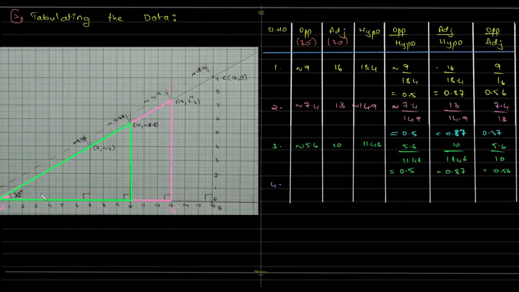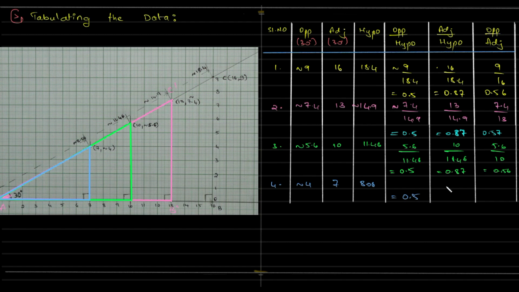And at last, this triangle. So here in this case, the opposite is 4-ish. This is 7 and 8.06. So it's very clear. These ratios are 4 divided by 8 is 0.5.